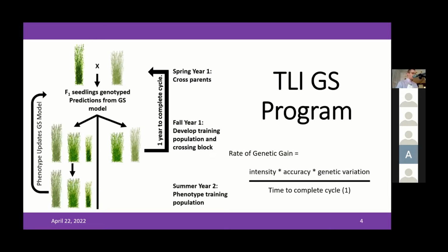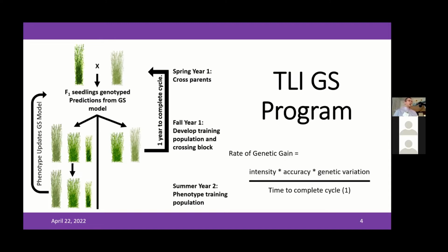Now there is a second part. We want our GS model, our mathematical model that's predicting how these plants are going to perform, to stay updated, because as our population is moving, we need a model that's updating along with those plants.